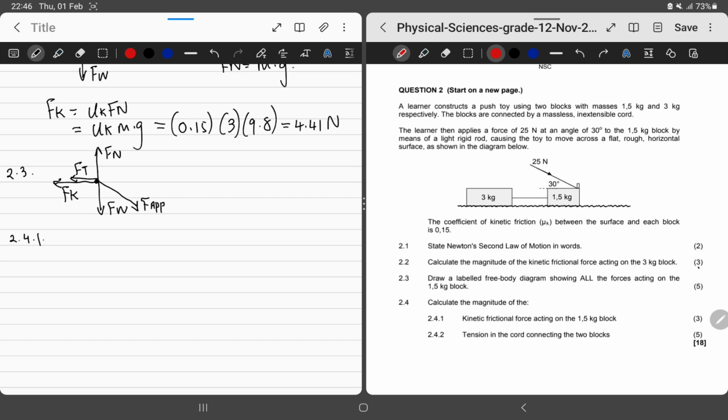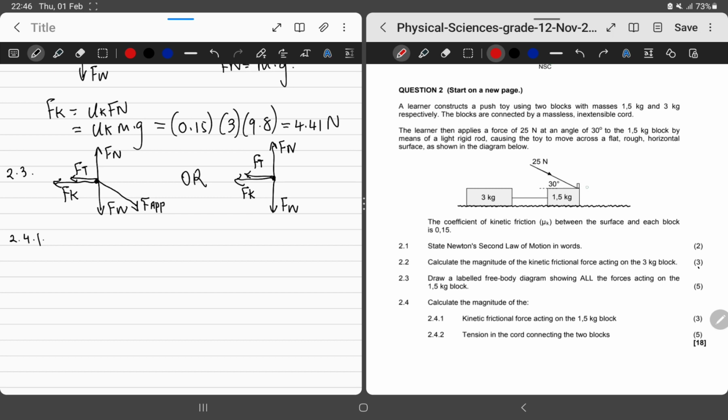2.4.1. They want me to calculate the kinetic frictional force acting on the 1.5 kilogram block. Here let's include the other option. This is the normal force, this is the force of weight, we have F of tension, we have Fk.